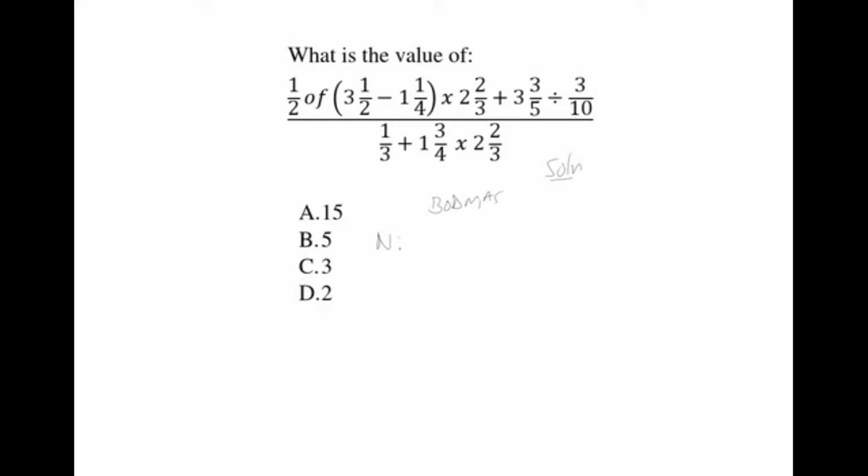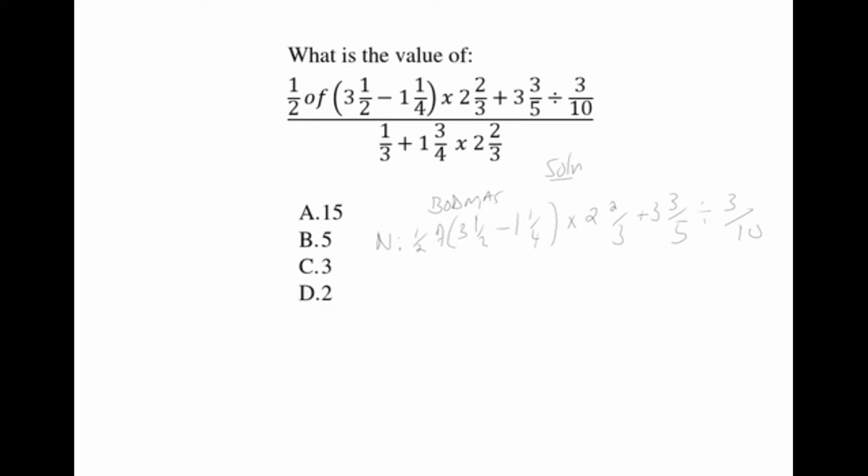So our numerator, which we are going to write as capital N, is 1/2 of (3 1/2 minus 1 1/4) times 2 2/3 plus 3 3/5 divided by 3/10.